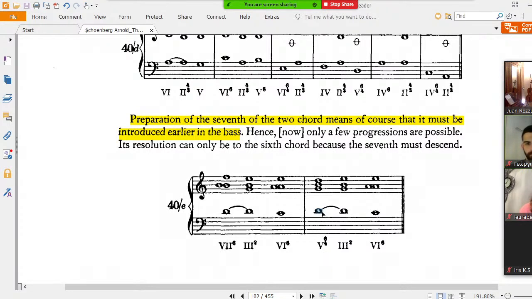The bass is doubled, as in this case, in a 6/4 chord. So please don't forget the previous rules, like the basic ones. You still need to double the bass on a second inversion of the triad.